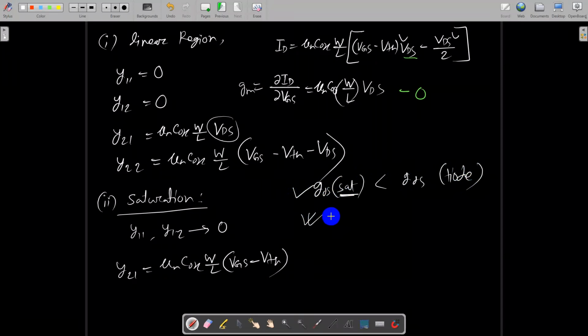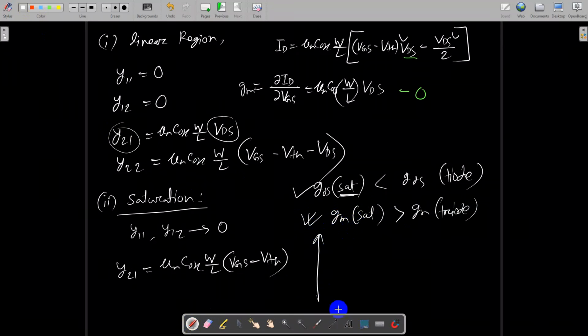Again, your GM in saturation is greater than your GM in triode region. So we also want our Y21 as large as possible, so we can go for the saturation region.